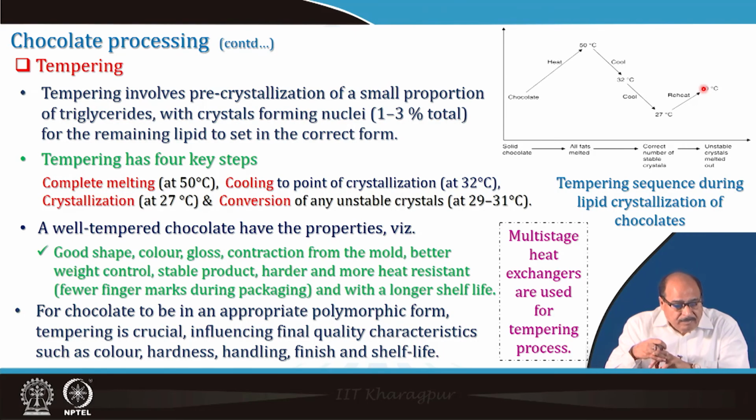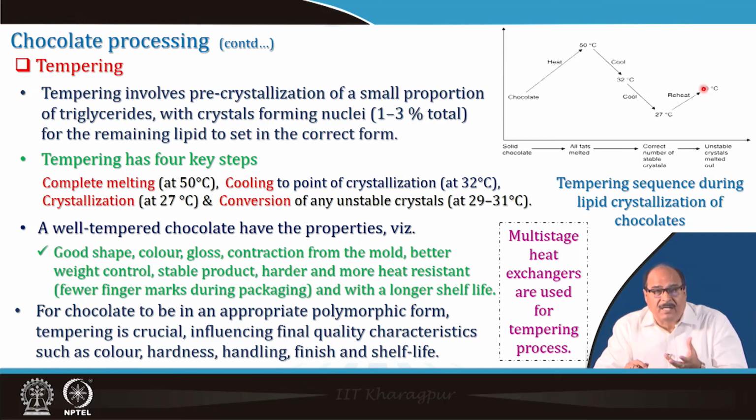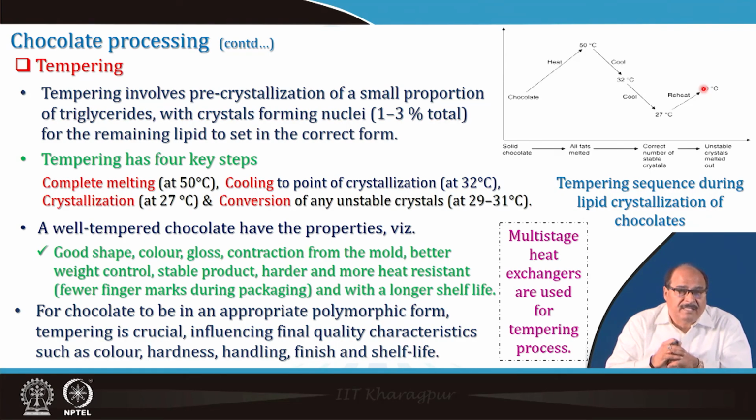Okay. So, a well tempered chocolate has properties like good shape, color, gloss, contraction from the mold, better weight control, a stable product, harder and more heat resistant, fewer fine grades during packaging, and a longer shelf life.